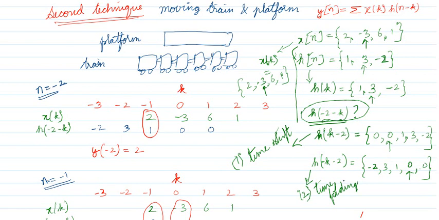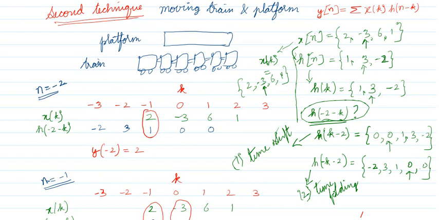But still you have to know this, because in theory exams they will straight away ask you to use the graphical technique to solve the convolution. There you cannot go for the tabulation method. But for competitive exams, where we have only 1 minute to get the answer, you can go for the tabulation method. You don't need to waste time on the first and second techniques.